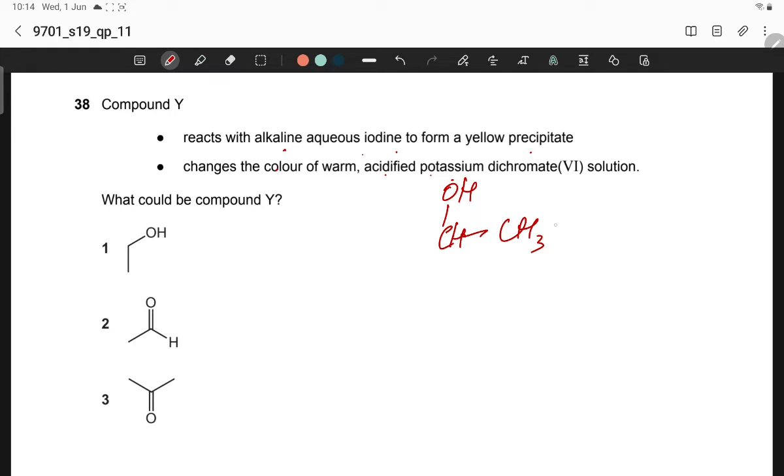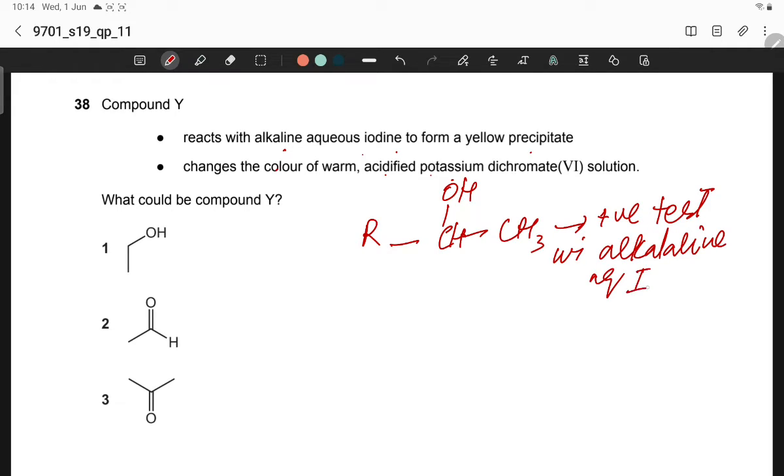CHOH gives a positive test with alkaline aqueous iodine.